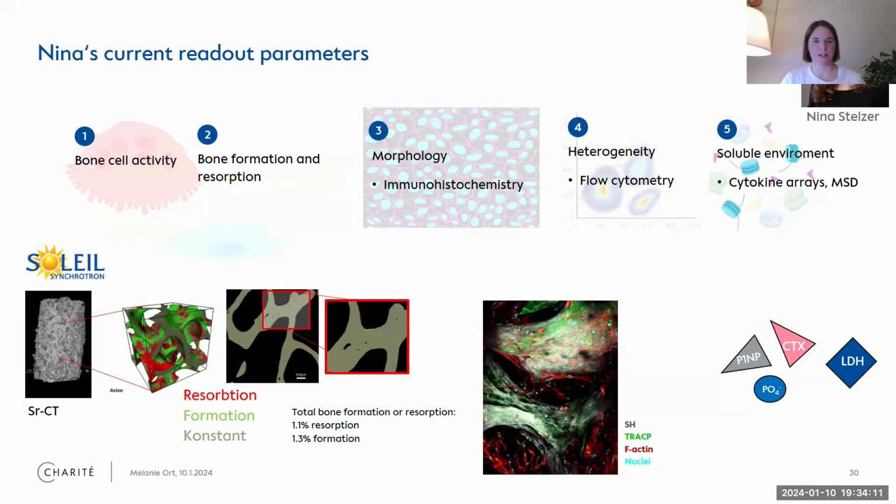Because that would be pathological. Also, immunohistochemistry staining for osteoclast or matrix is a nice way to visualize if stuff is happening and if it's going in the right direction. And then again, as you heard before, the CTX to show if bone is lost, LDH if cells are dying, and other markers to see if bone is formed.